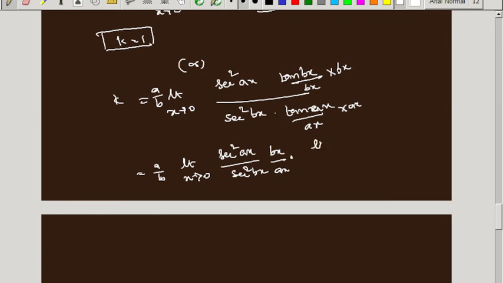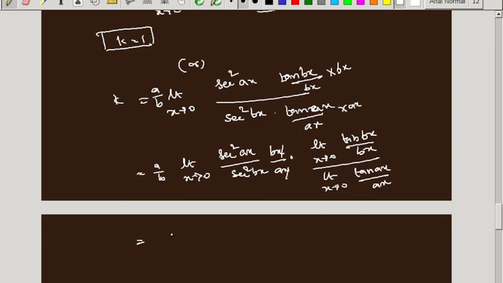If you apply the limits, tan bx dividing by bx, dividing by limit x tends to 0, tan ax dividing by ax. So numerator is 1, denominator is 1. The x gets cancelled.